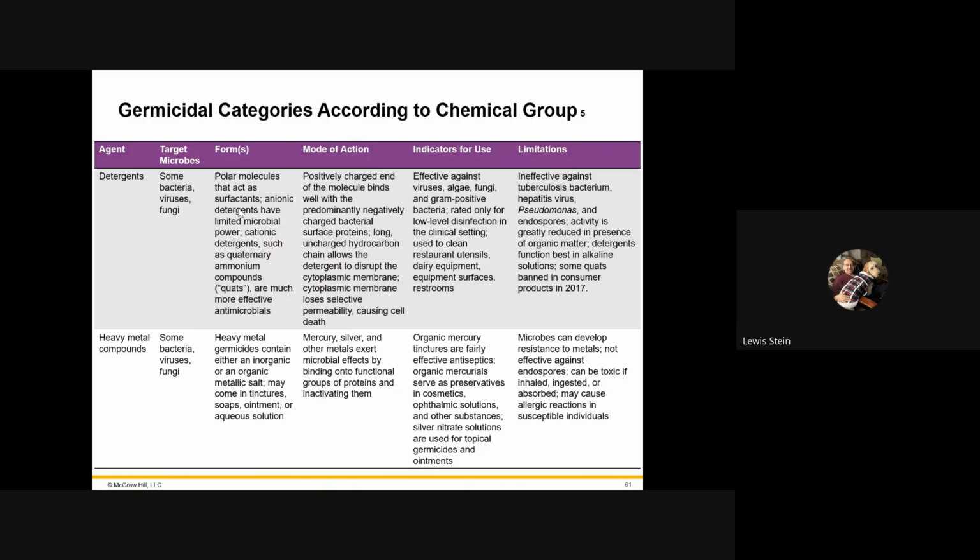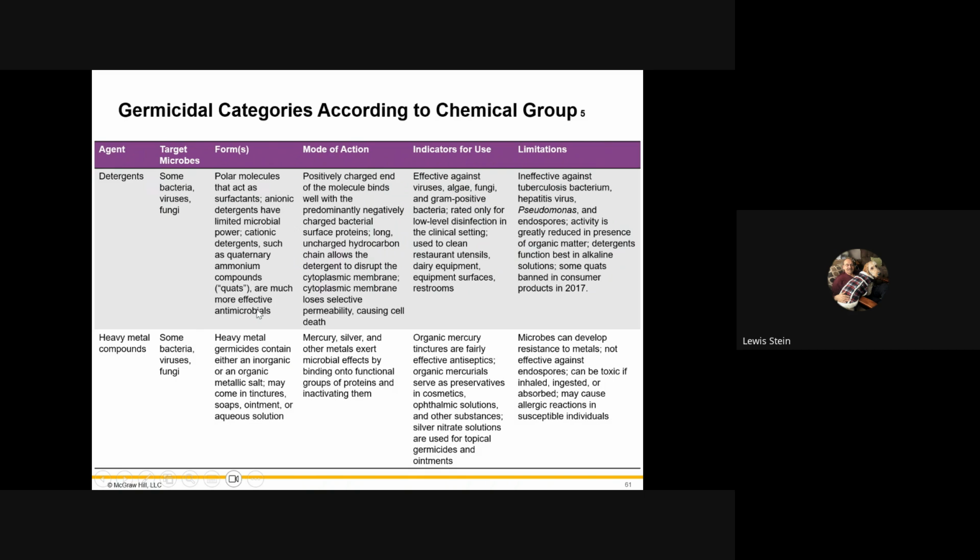So it's a polar or bipolar compound. Anionic, negative charge, is limited; cationic is much more effective.